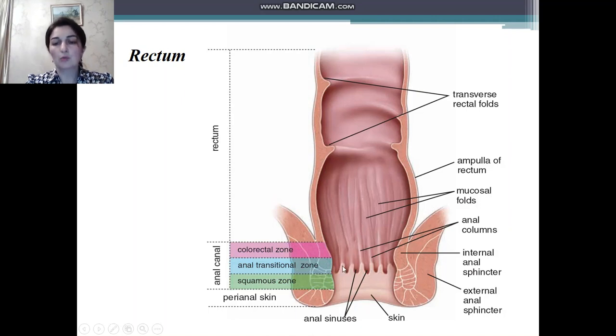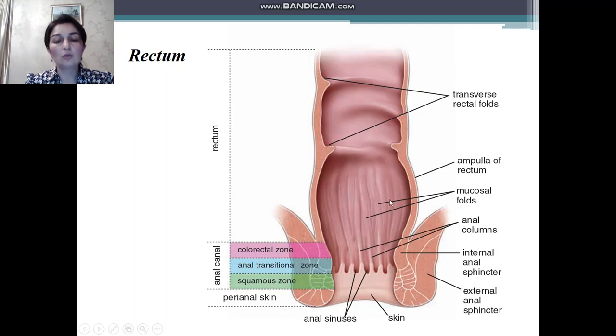The region of the anal canal above this region corresponds to the pectinate line that is covered by simple cuboidal epithelium. The region between these anal sinuses and the external anal orifice is covered by stratified squamous non-keratinized epithelium, and finally in the anus it will be stratified squamous keratinized epithelium, that is the skin actually.